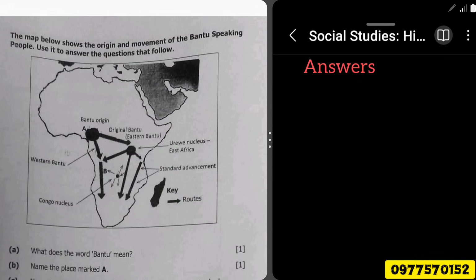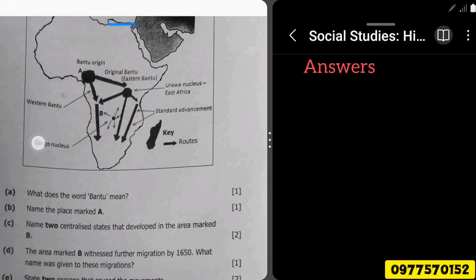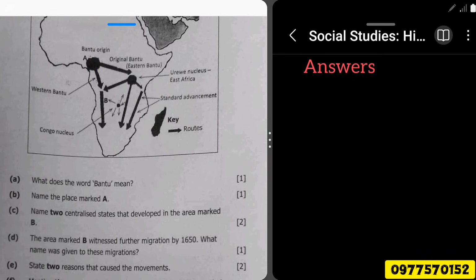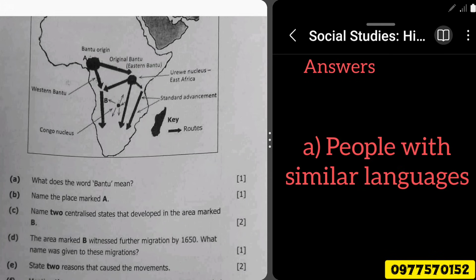This question is saying, the map below shows the origin and movement of the Bantu-speaking people. Use it to answer the questions that follow. The first question: what does the word Bantu mean? The word Bantu means people with similar languages.